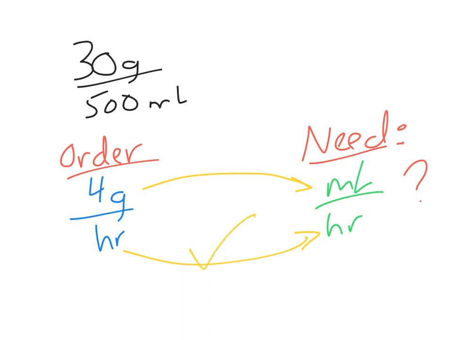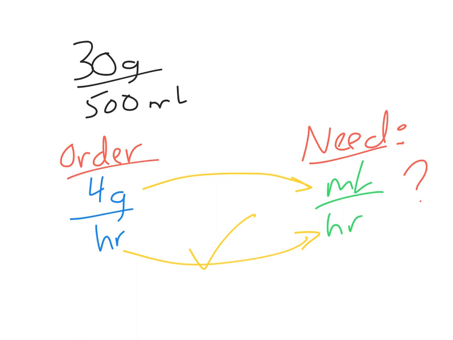But on the top one, going from grams per hour, it's almost like the doctor has ordered this dose in grams, not remembering that the medication comes in liquid form.